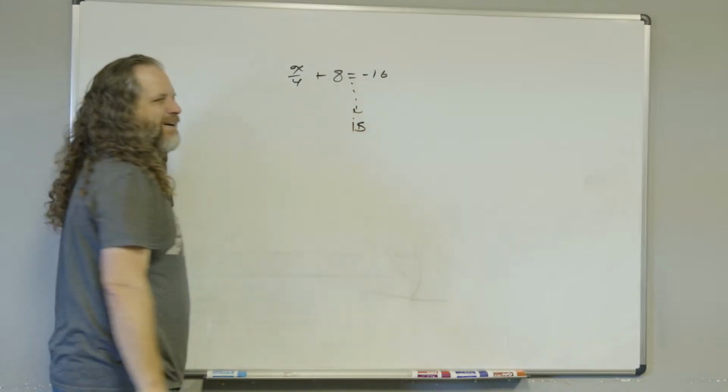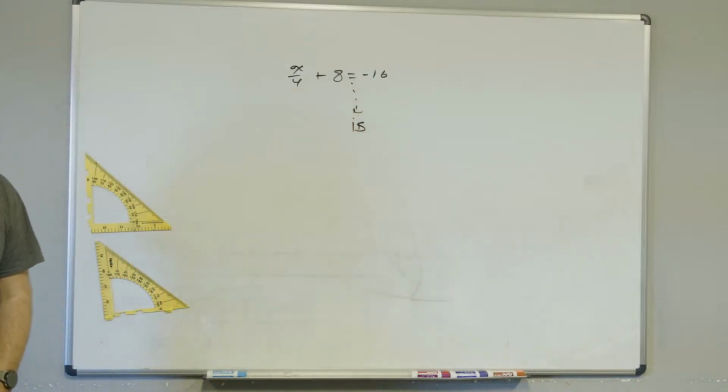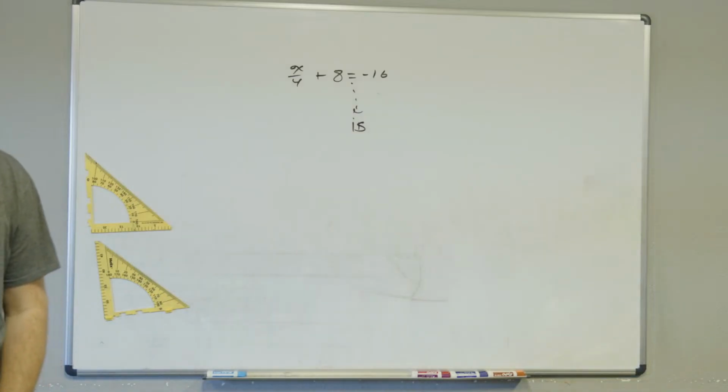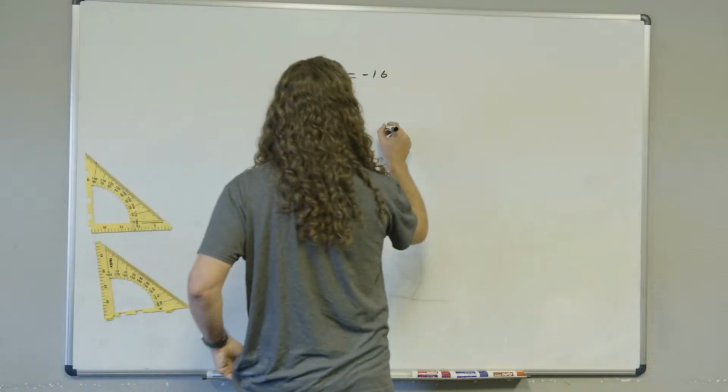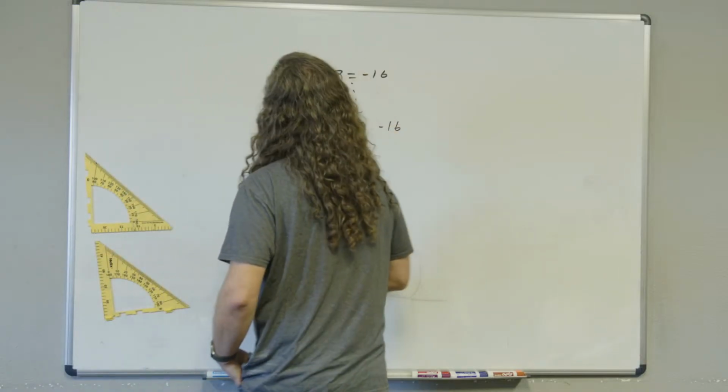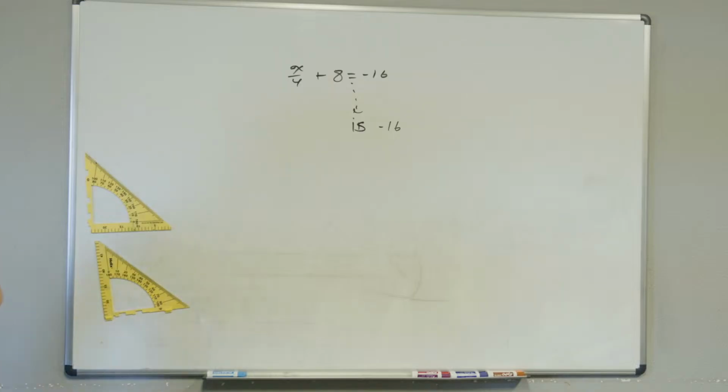Look at that. We're already trucking. Now what? What do we put over on the right side? Let's start with the easy stuff. Negative 16. Great. How do we say division in math? The quotient. Sounds great. The quotient of what? And 4.